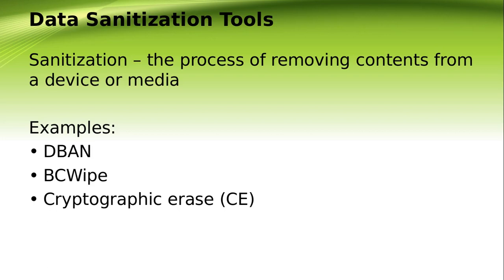According to Wikipedia, the name is Darik's Boot and Nuke, also known as DBAN. It's a free and open source project hosted on SourceForge. The program is designed to securely erase a hard disk until its data is permanently removed and no longer recoverable, which is achieved by overwriting the data with pseudorandom numbers generated by the Mersenne Twister or ISAAC.